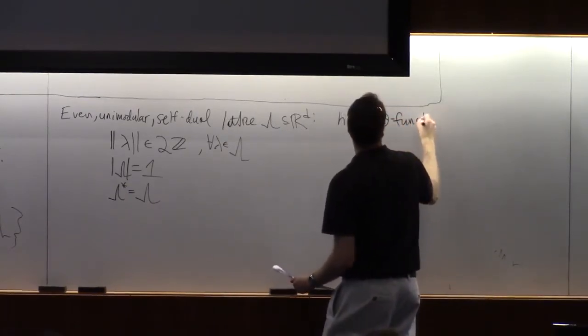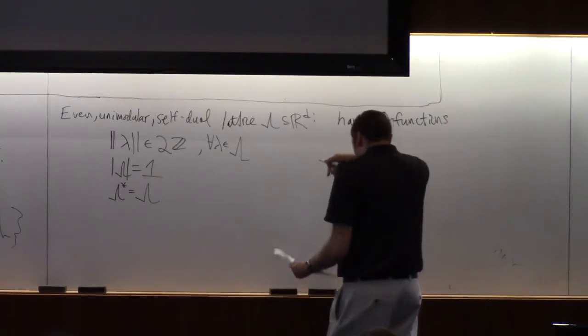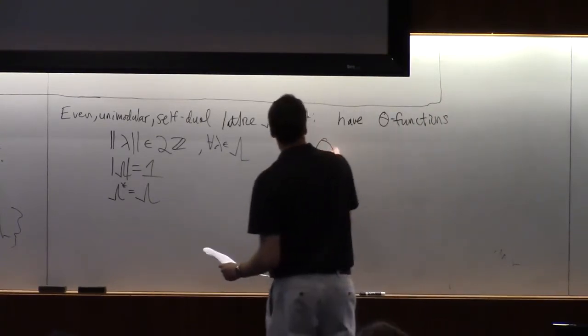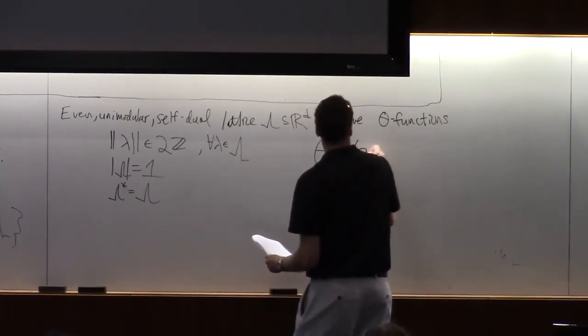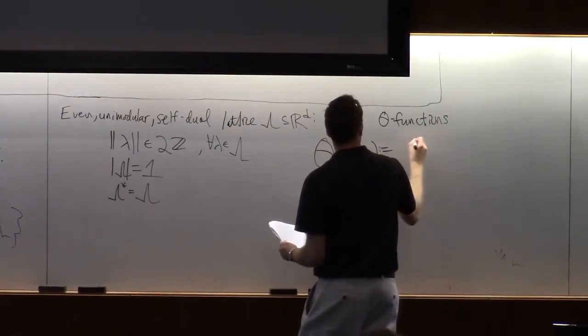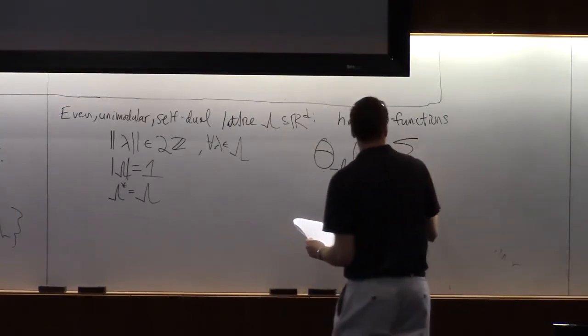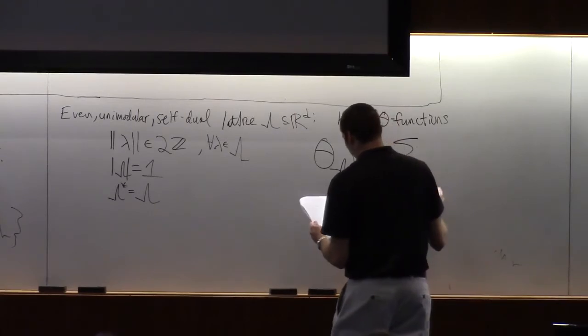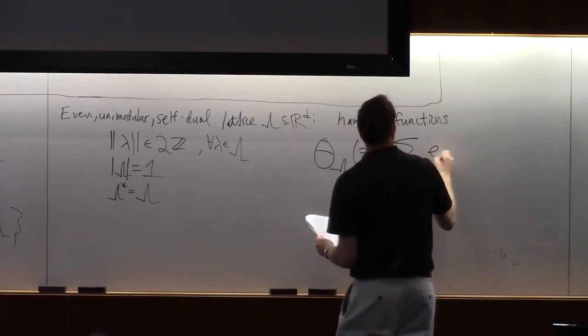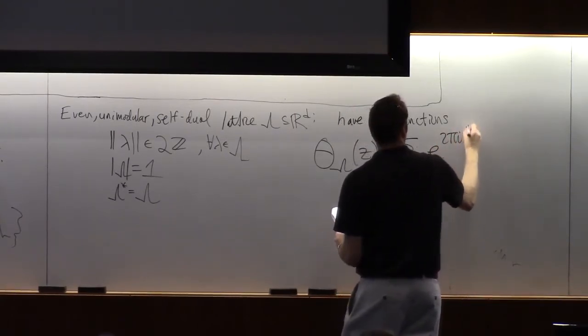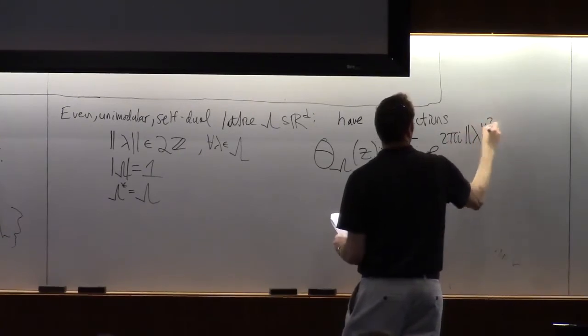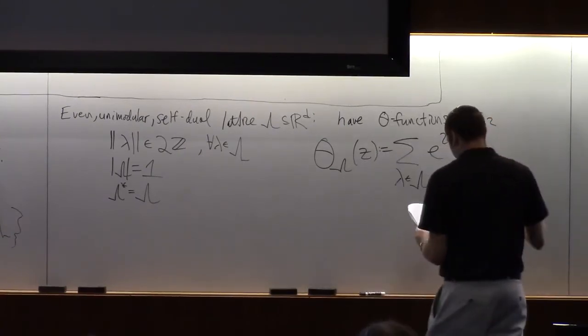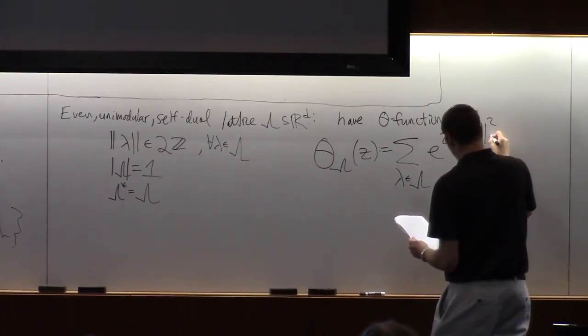Now, any lattice has a theta function. These theta functions are special. So here's the definition. We sum over every lattice vector, and we take e to the 2 pi i times the norm squared of the vector times z.